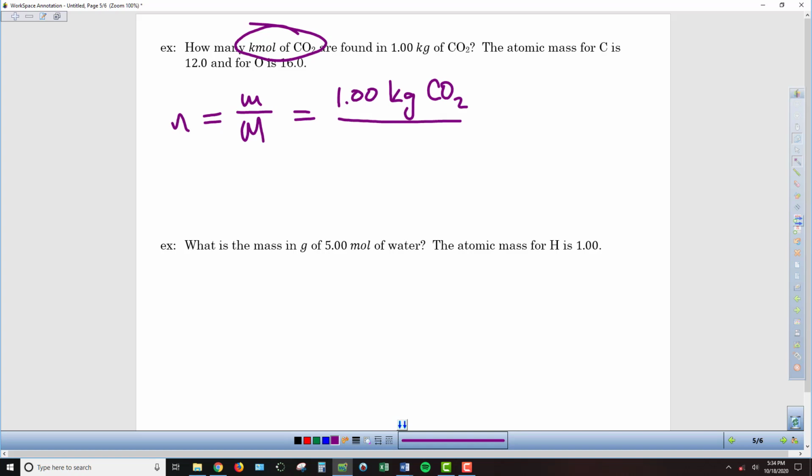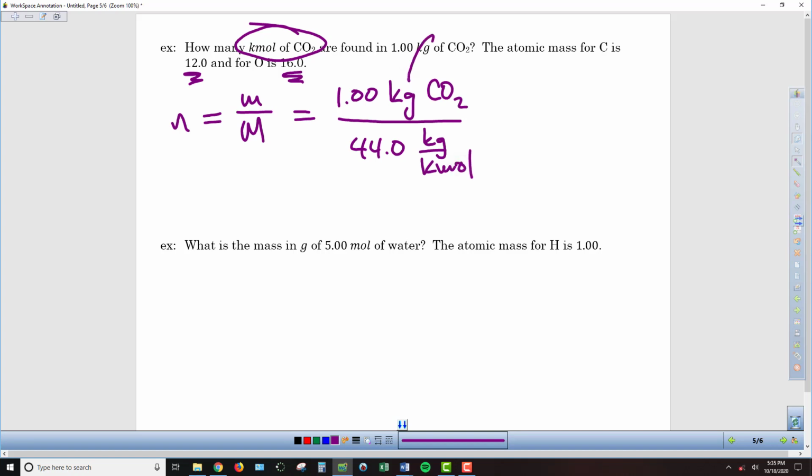And then in the denominator, we need the molar mass of the CO2. So with a measure of carbon at 12 kilograms per kilomole, we'll stick with that, and oxygen at 16 kilograms per kilomole. So we've got 2 atoms of oxygen plus the 1 for carbon, which means we're going to have a molar mass of 44, and if we pay attention to our sig figs, we'll have 44.0 kilograms per kilomole.